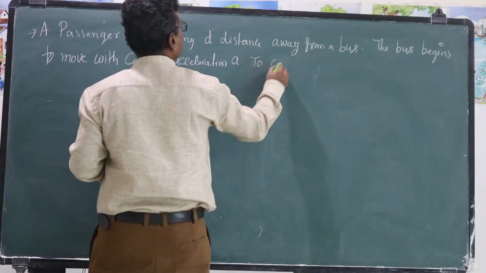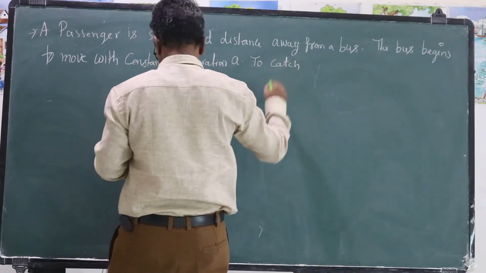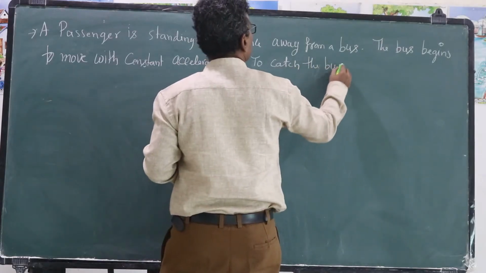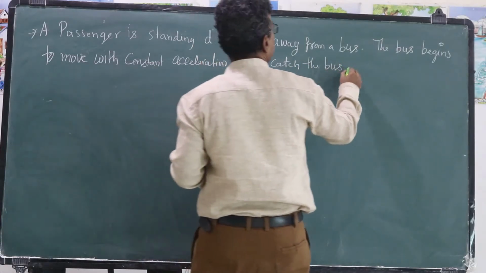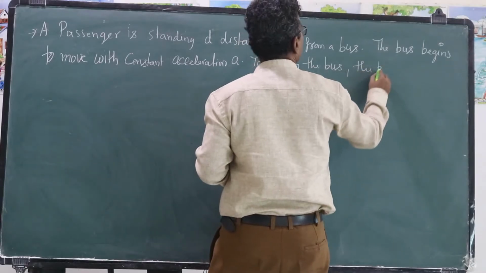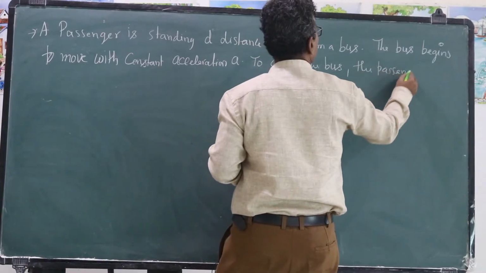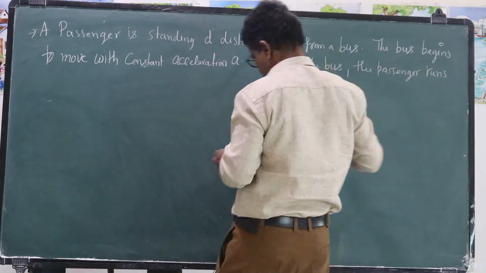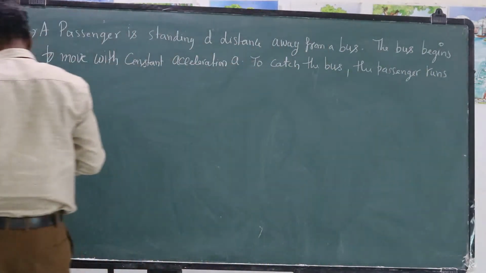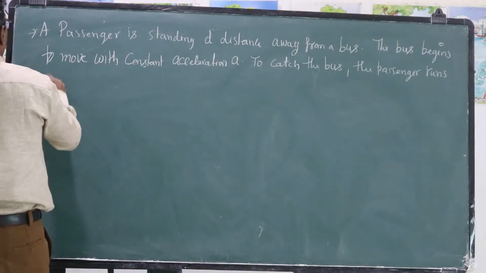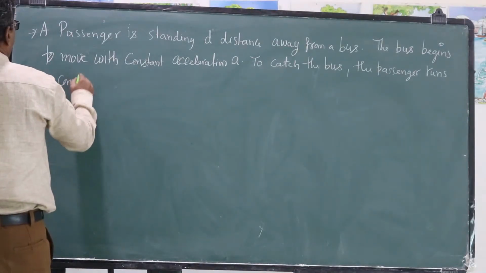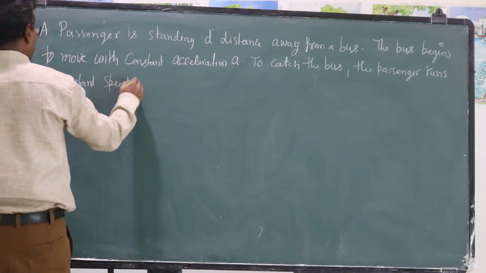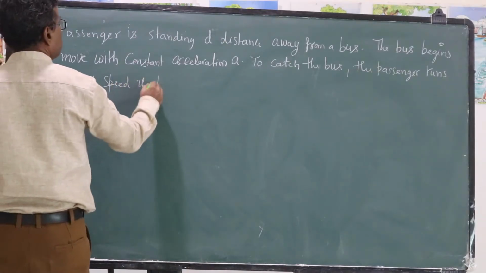To catch the bus, the passenger runs with a constant speed u towards the bus.